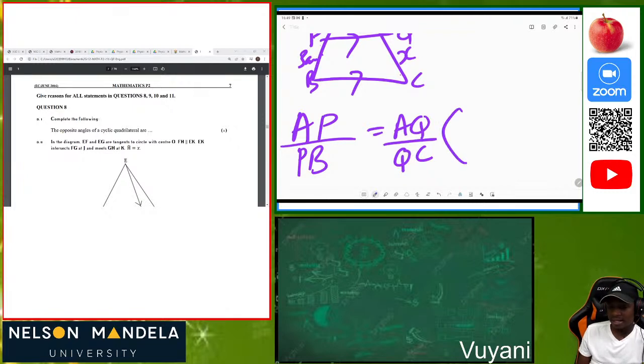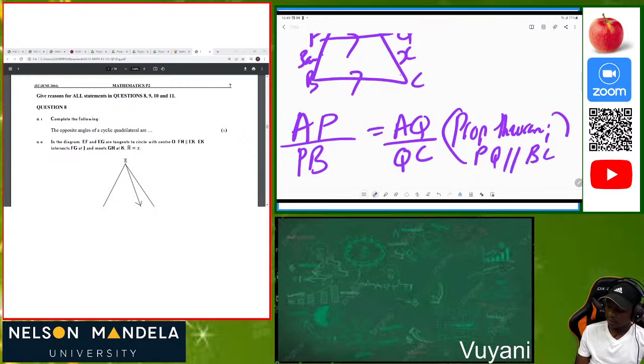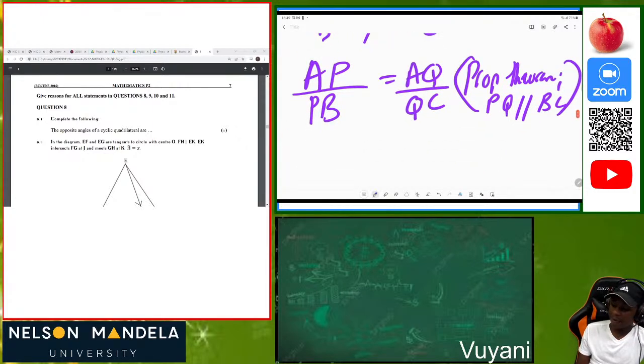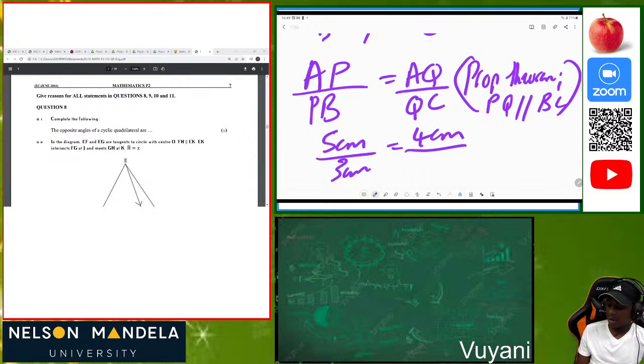Why? Because it's the prop theorem and you stated the parallel side. Our AP is 5 centimeters, our PB is 3 centimeters, and our AQ is 4 centimeters. Now we want the value of X.